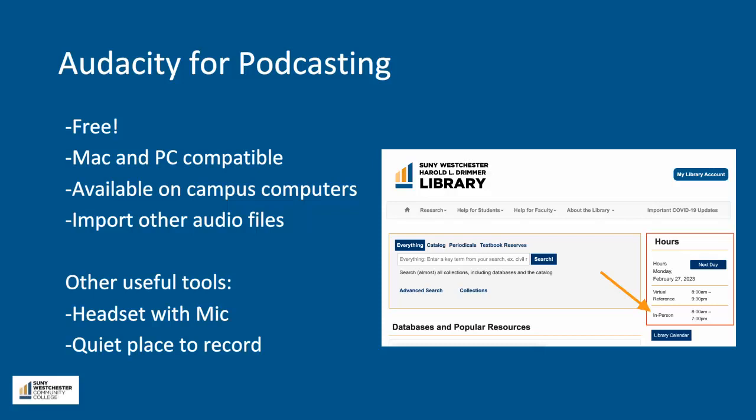The library has study rooms on the first and second floors. These may be ideal for scripting your project with classmates along with recording. See the library website for hours when the library is open. In our tutorial on editing, we will demonstrate how to filter background noise from the recording, but removing as much noise as possible from the start is best.